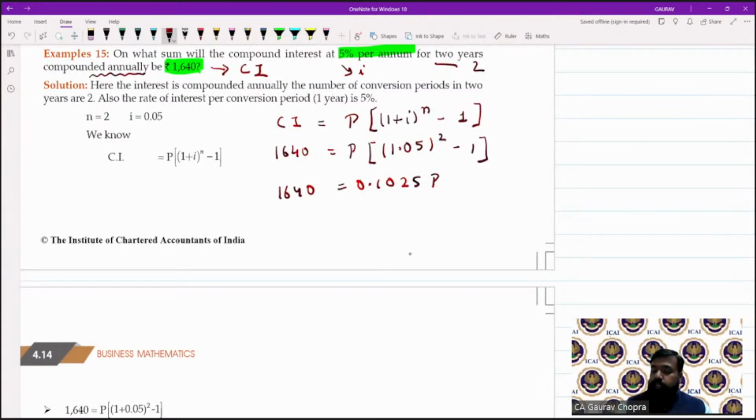Now let's calculate this. So principal we are getting as 16,000. Okay, so 16,000 becomes the principal.